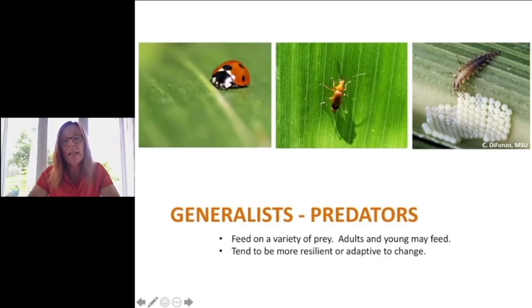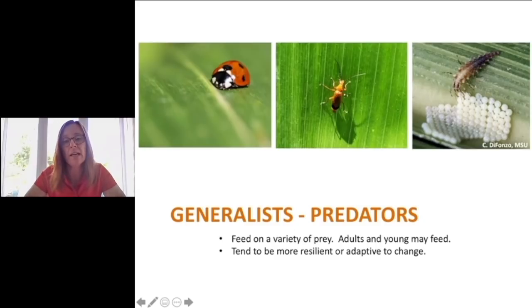And fortunately, it's usually both the adult and the young, typically larvae, that feed on those hosts. So that's amazing. And they tend to be, not always, but tend to be a bit more resilient to change, so if there's a pesticide application or just temperature, only because they can move more quickly sometimes than some of the others, as long as they're in their adult form.